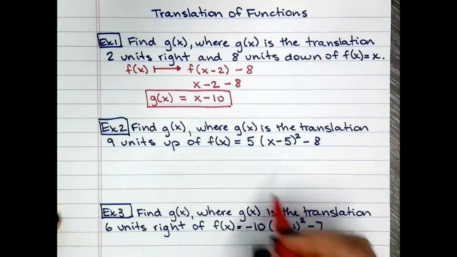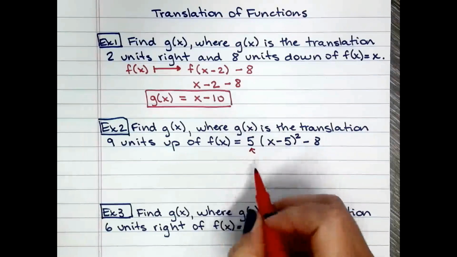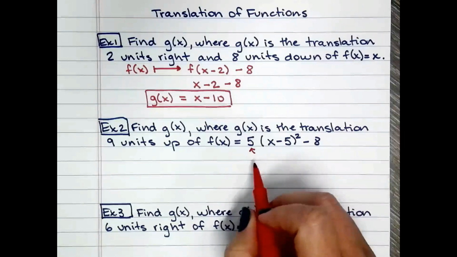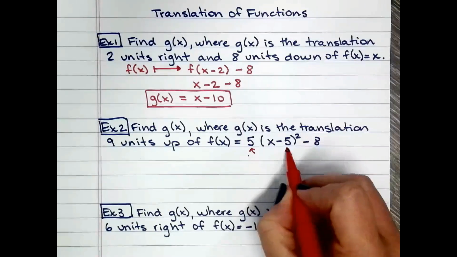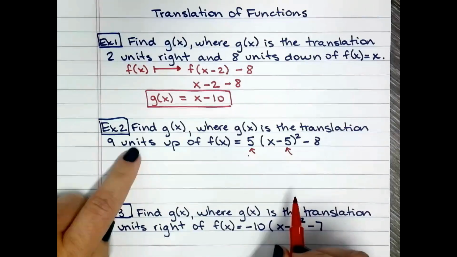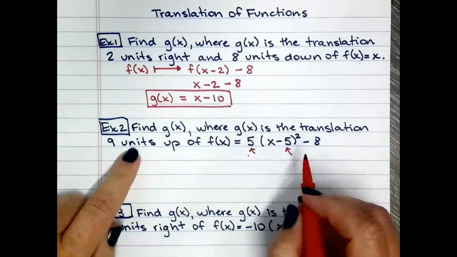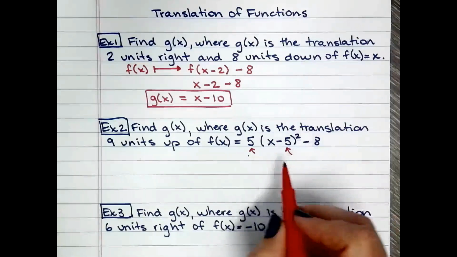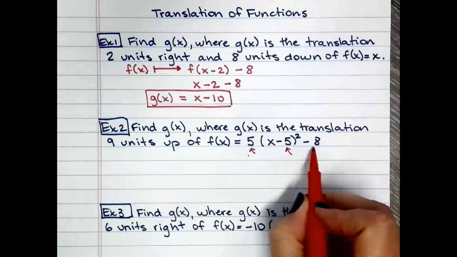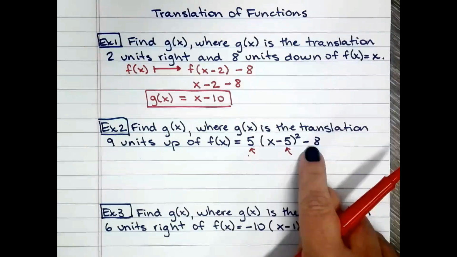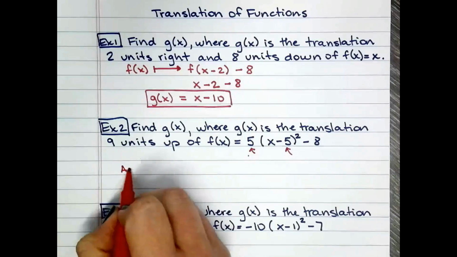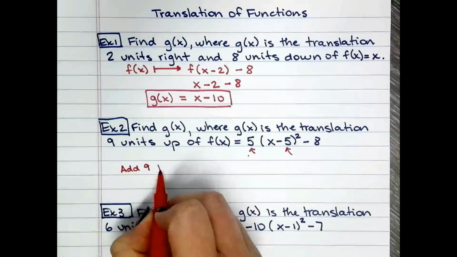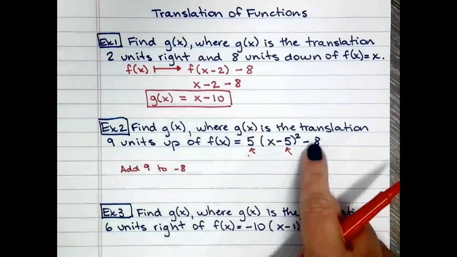So here we go. It's not talking anything about the vertical stretch. So that one doesn't change. And it's not talking about moving left or right. So that one doesn't change either. The only one that would change is the vertical shift up and down. That one right there. So I have to add 9 to negative 8.